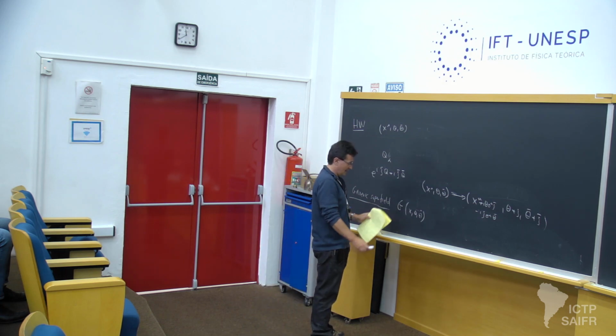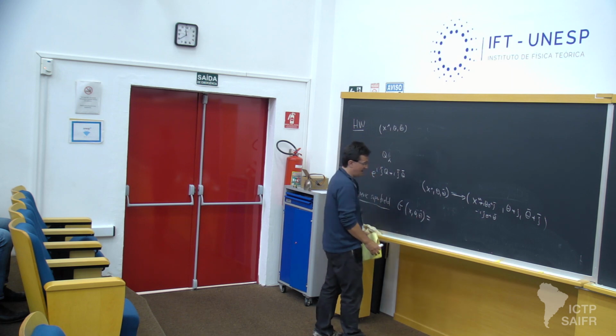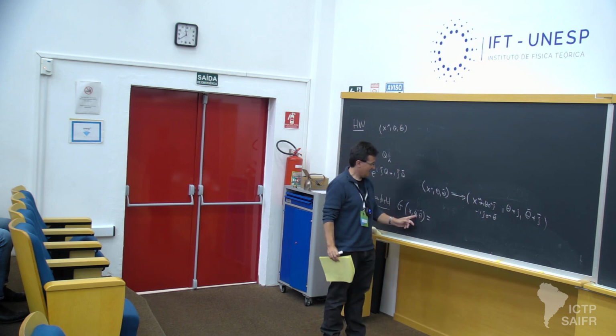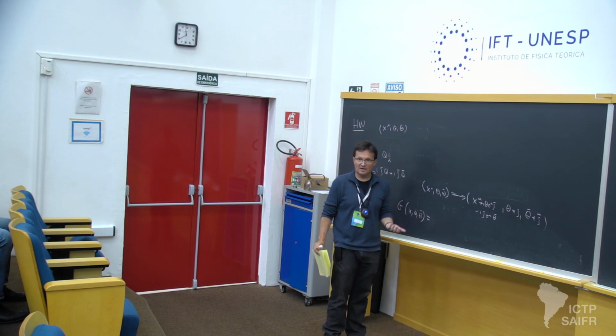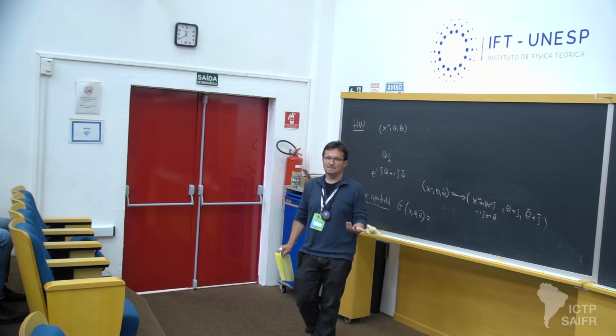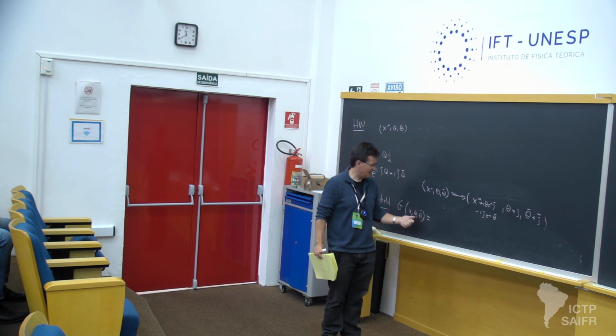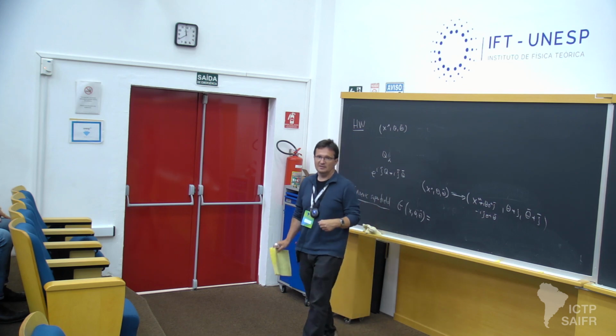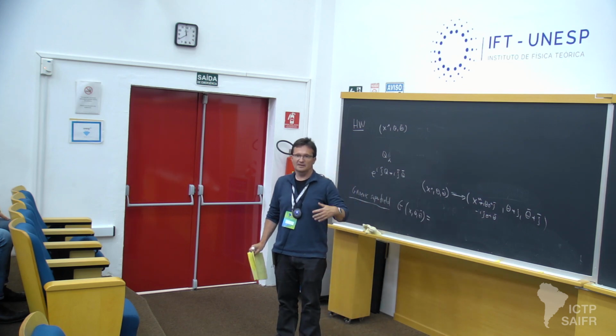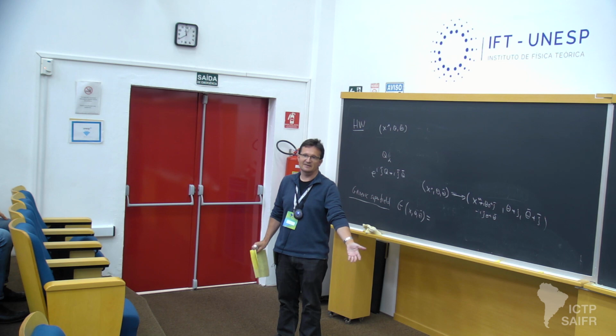Well, again, you start saying, any field, I can always do a Taylor series expansion. And the beauty of these theta and theta bars is that, because they are fermionic, their Taylor series is finite.